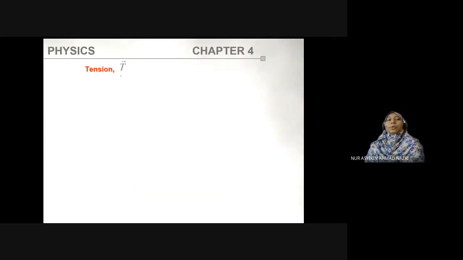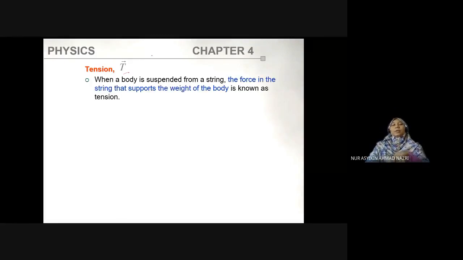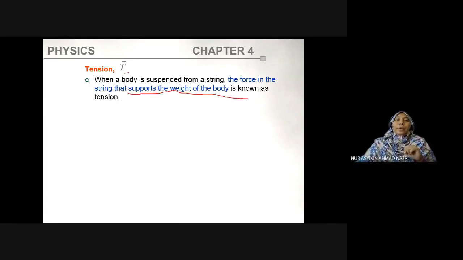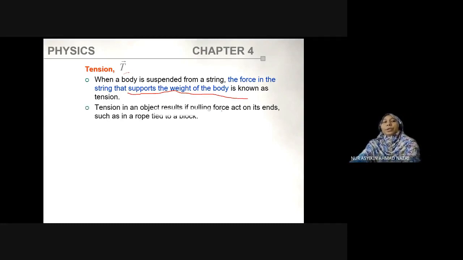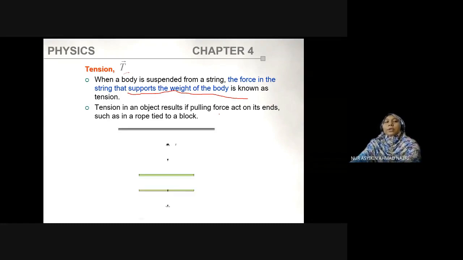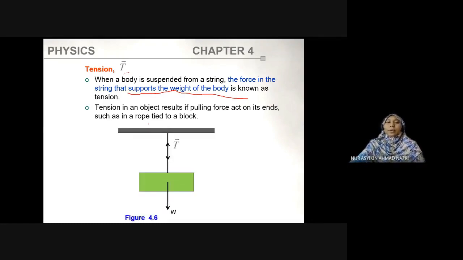Alright. Next we go to tension. Tension is one of the forces juga. Okay, the force in the string that supports the weight of the body is known as tension. Tension in an object results in a pulling force on its ends, such as in a tight rope. Cuma tension akan ada dalam dua arah dalam satu rope ni.